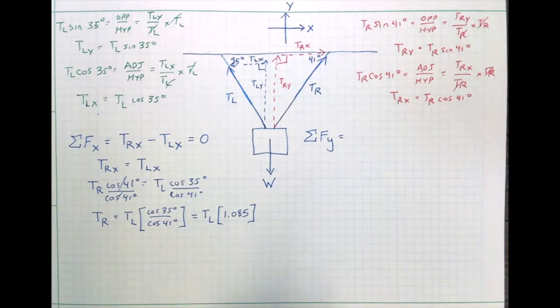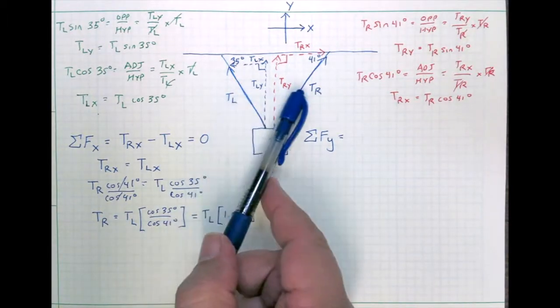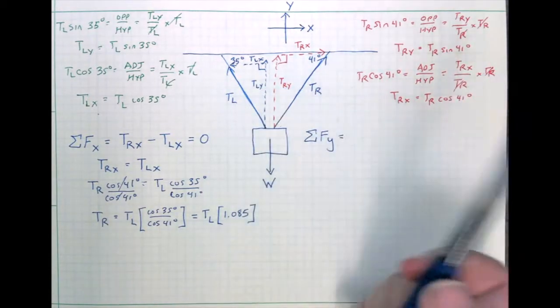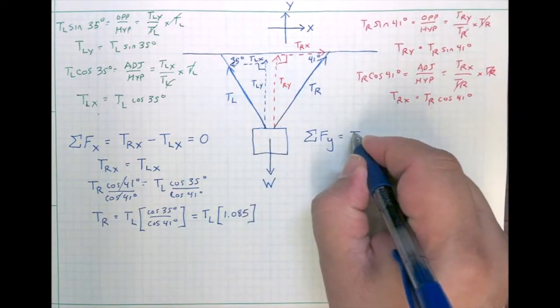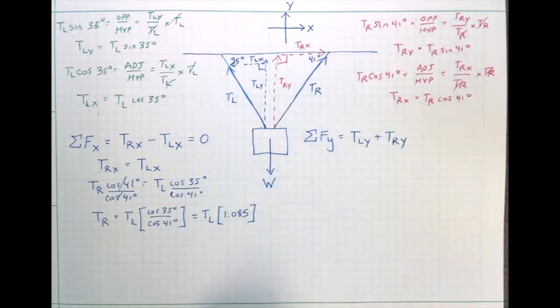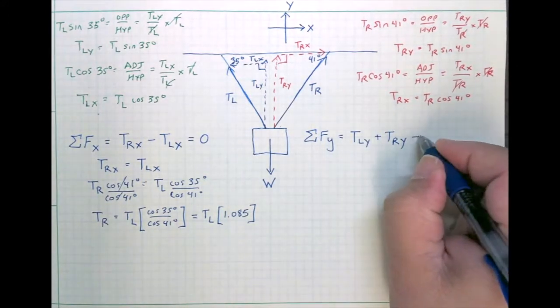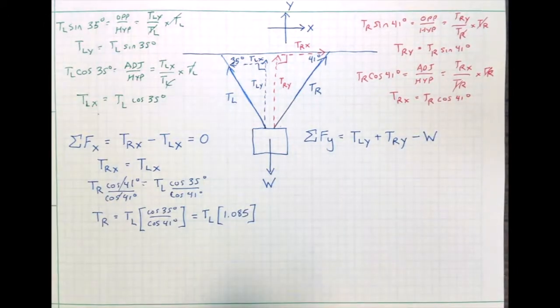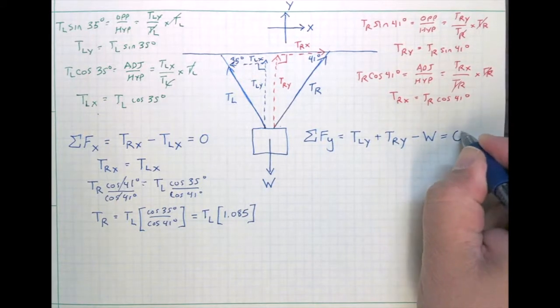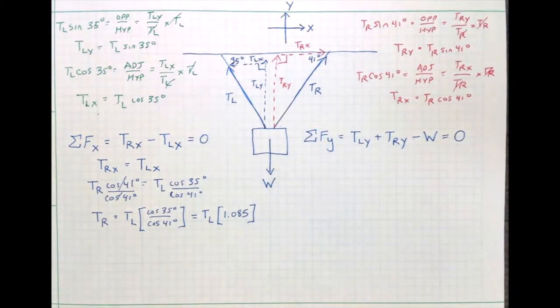There are three forces in the y direction, TLY, TRY, and the weight force. Notice that the first two of those forces are up, and so TLY and TRY are going to be positive. However, the weight of the sign is downward, which will be negative. Still, those three forces have to combine to 0 because the sign is not moving up or down.